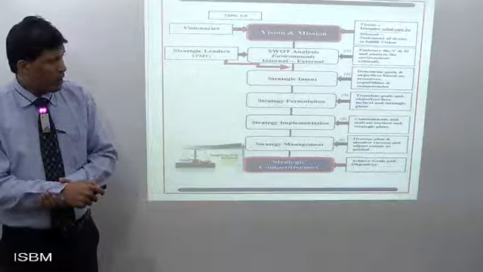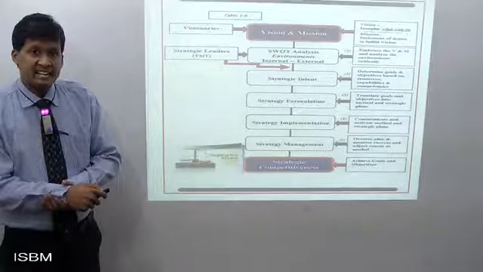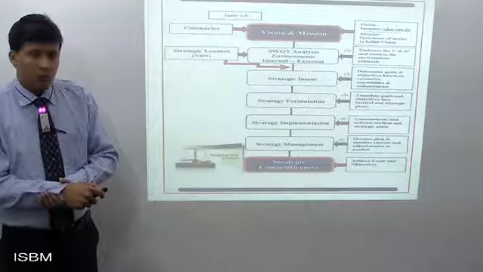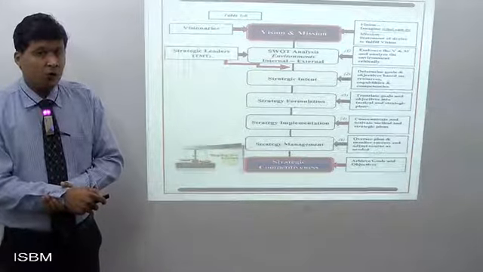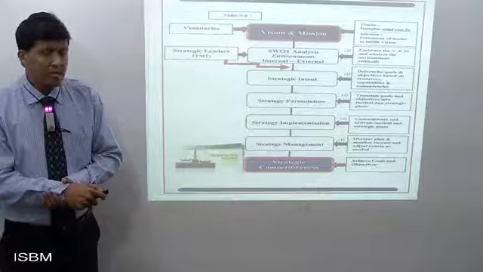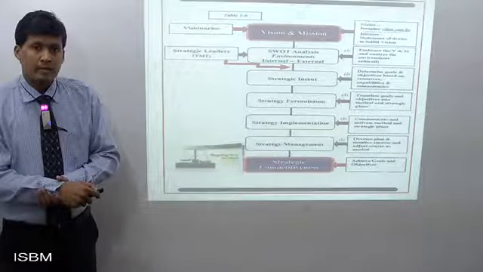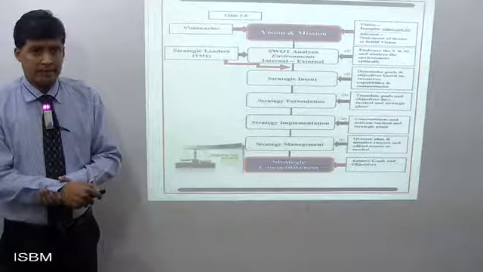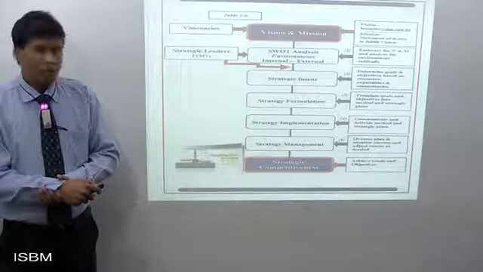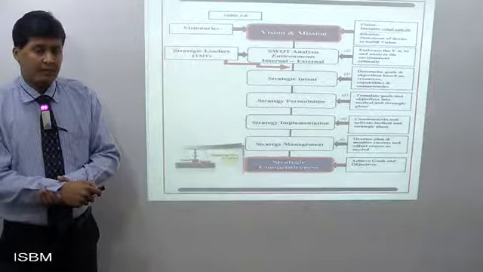Then you have a strategic intent. Two, where does it come from? Determine goals and objectives based on resource, capabilities and competencies. Based on this, form a strategic intent.